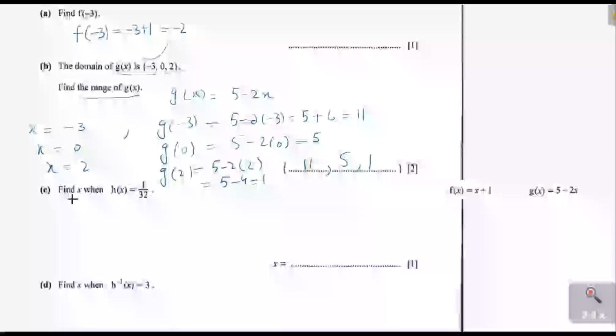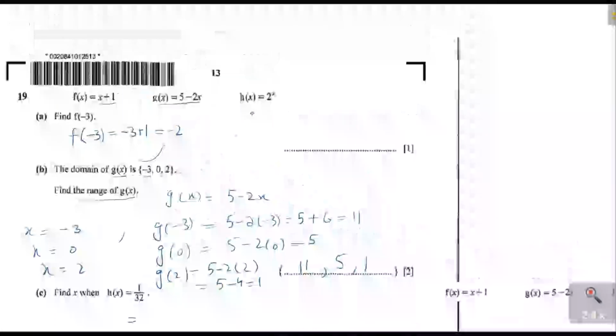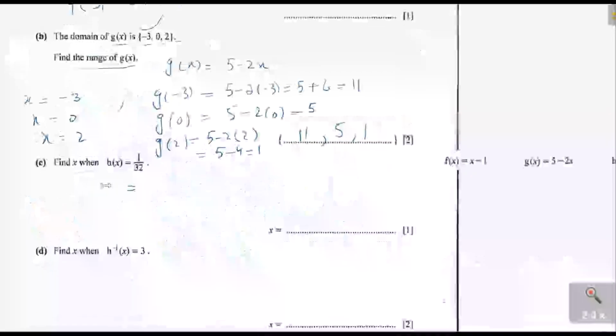Next part C, find x when h of x equal to 1 over 32. Here the h of x function is 2 power x. We write the value of h of x as 2 power x, and we can write 1 over 32 as 1 over 2 power 5. When we factorize 32, we get 2 power 5.